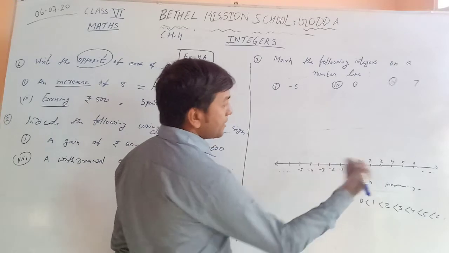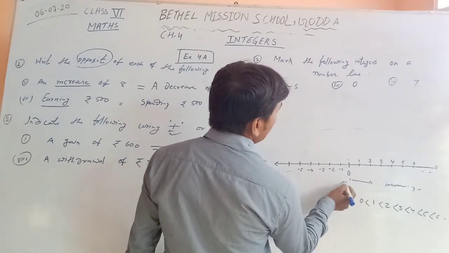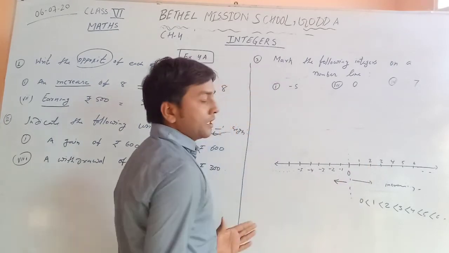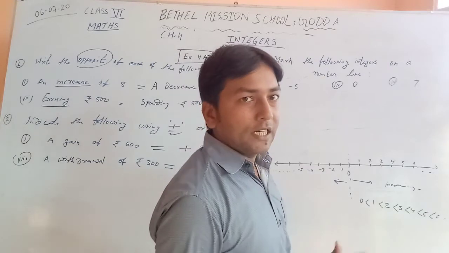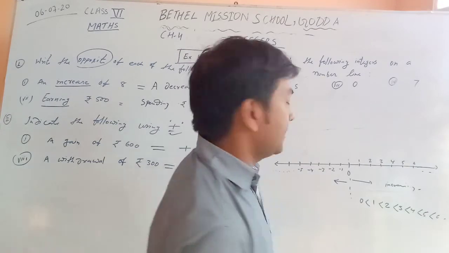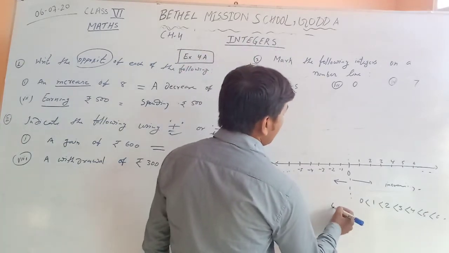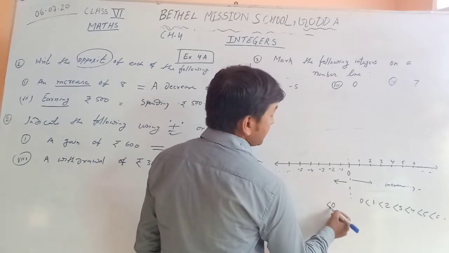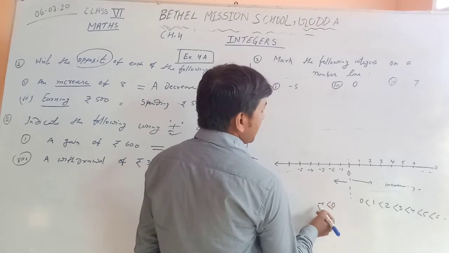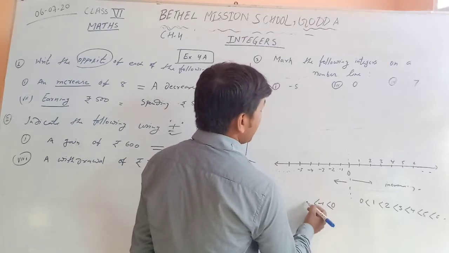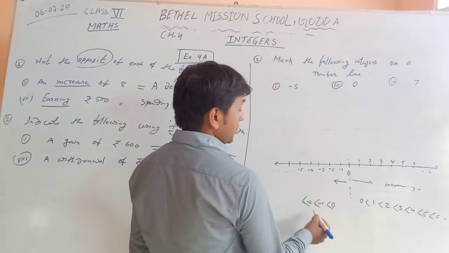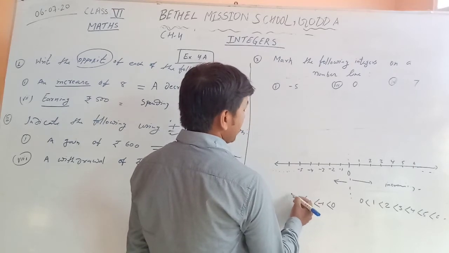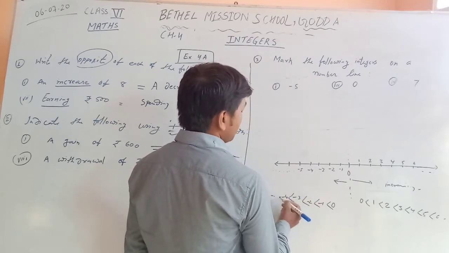But just opposite, when you are moving left from the 0, the numbers are decreasing. It means 0 is bigger than -1, -1 is larger than -2, -2 is larger than -3, -3 is larger than -4.